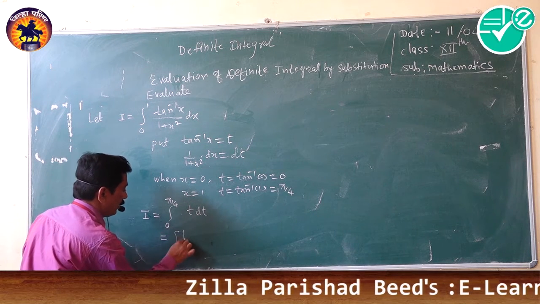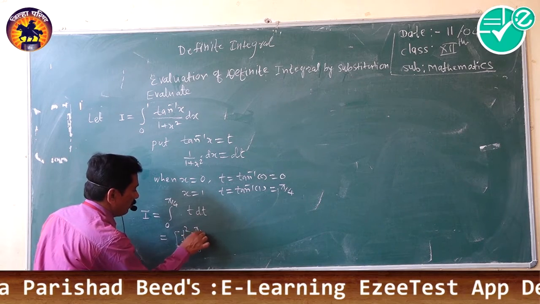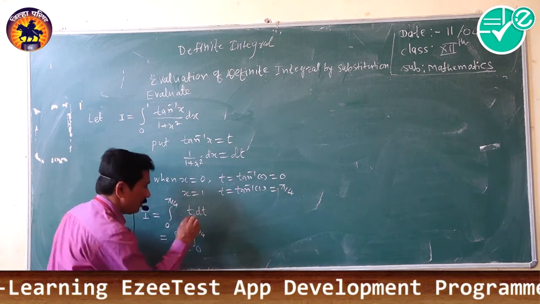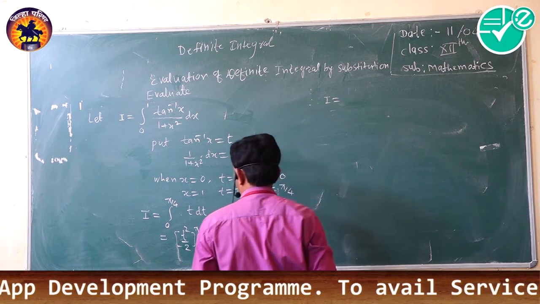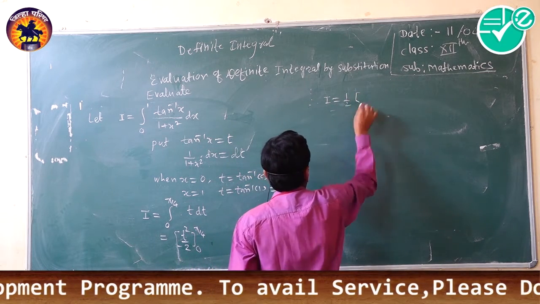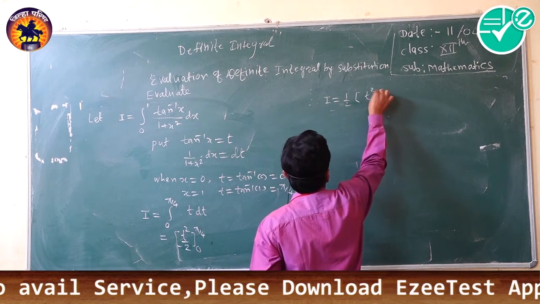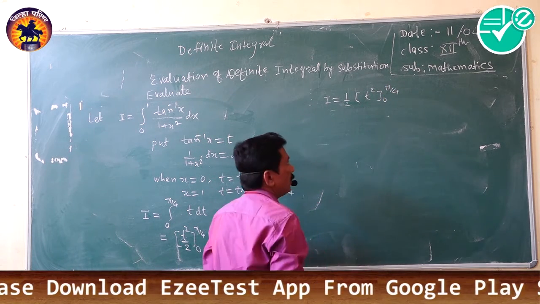It is t square by 2, 0 to pi by 4. Therefore I is equal to, taking 1 by 2 out of the bracket, t square, 0 to pi by 4.